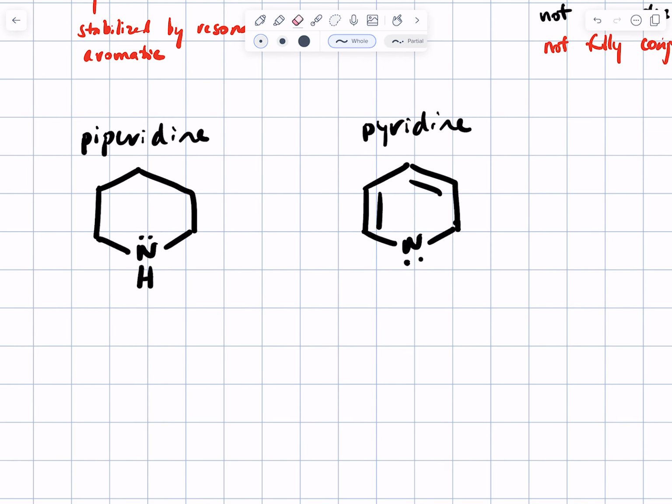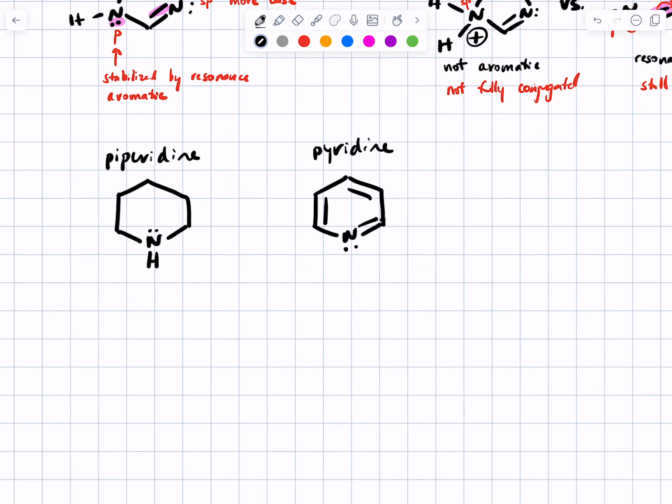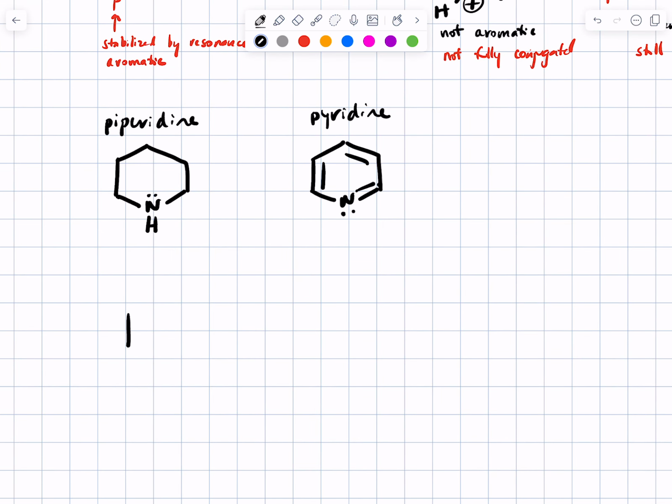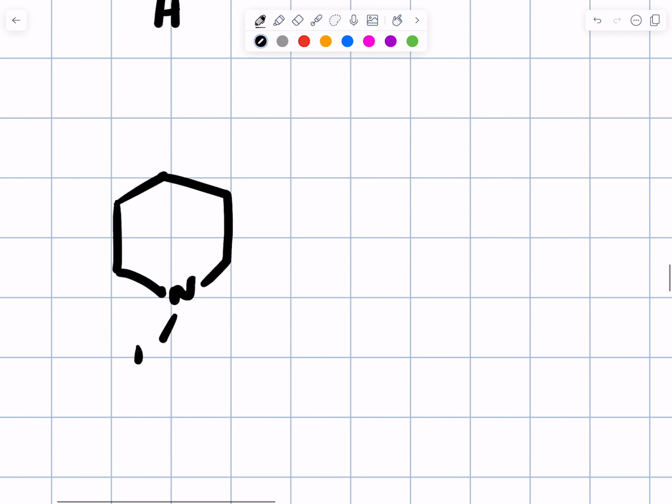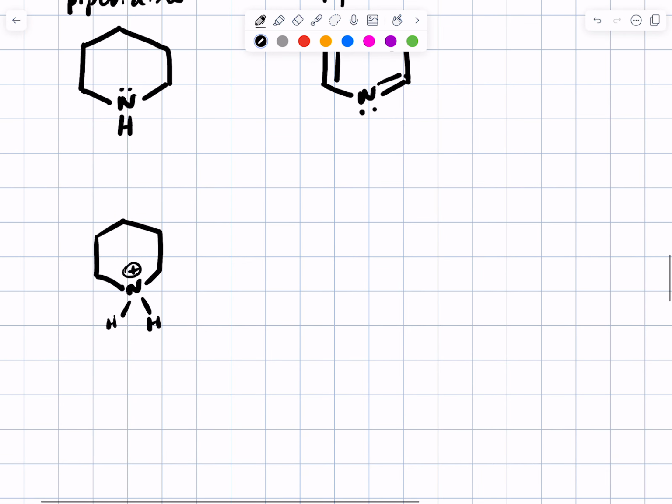You can rationalize the difference in basicity. Well, let's actually just illustrate that difference in basicity. If I draw the conjugate acid of piperidine, it looks like this. It's an ammonium ion. If I draw the conjugate acid of pyridine, it looks like this.